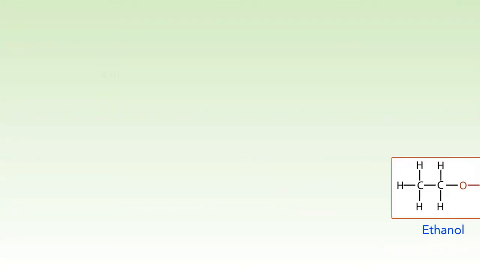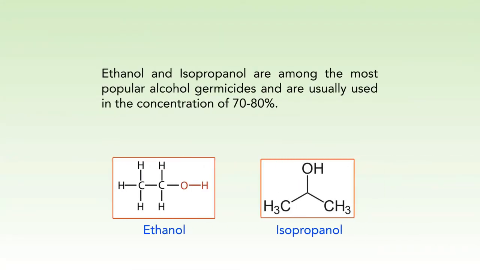Next is alcohol. Alcohol is also one of the most effective and widely used antiseptics and disinfectants. They are bactericidal and fungicidal but are not effective on bacterial spores. Ethanol and isopropanol are among the most popular alcohol germicides and are usually used in a concentration of 70 to 80%.